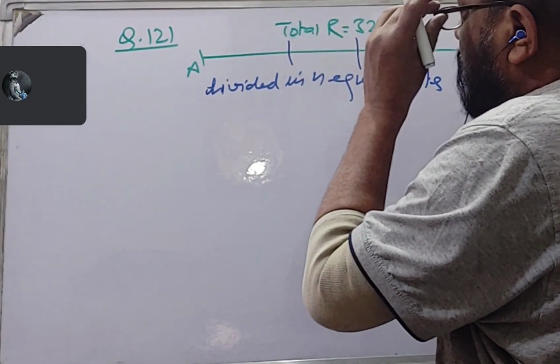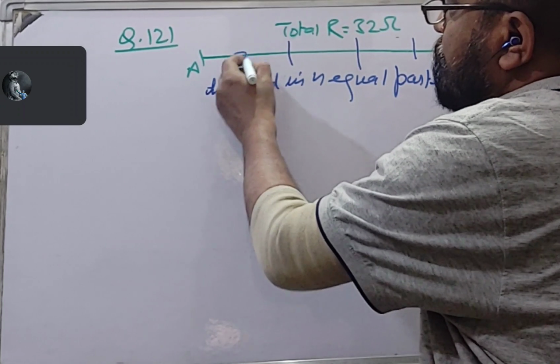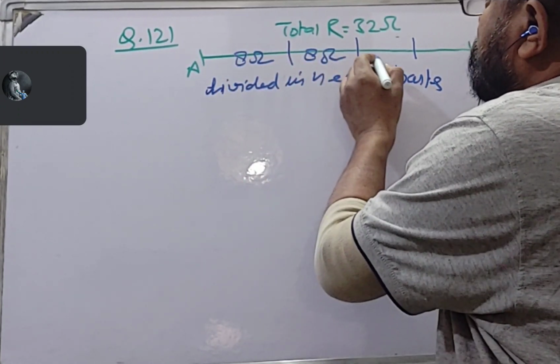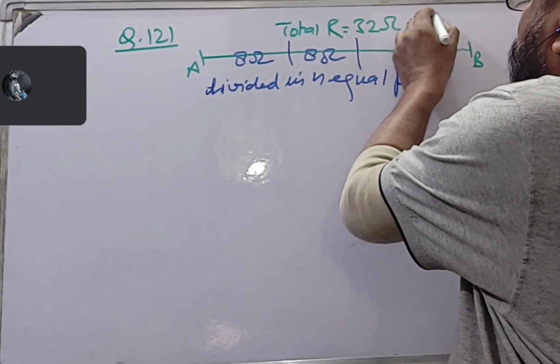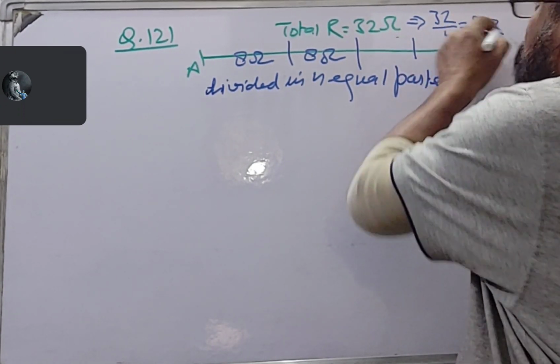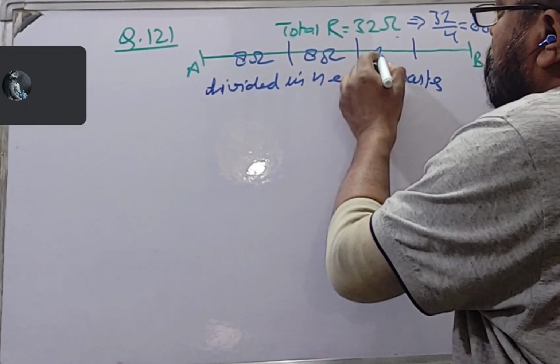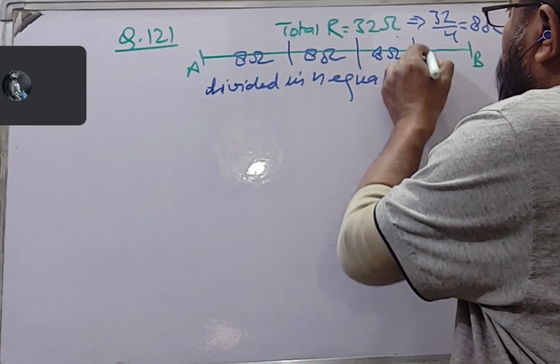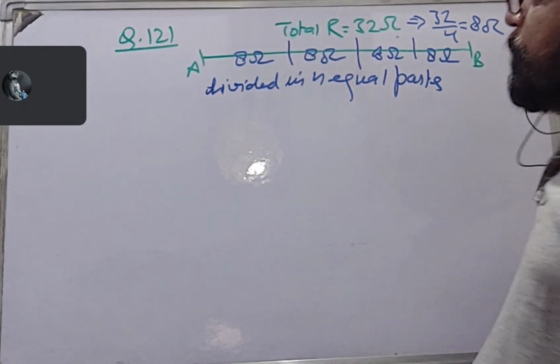So each will have 8 ohm. What I have done is 32 divided by 4 becomes 8 ohm. So each wire will have a resistance of 8 ohm.